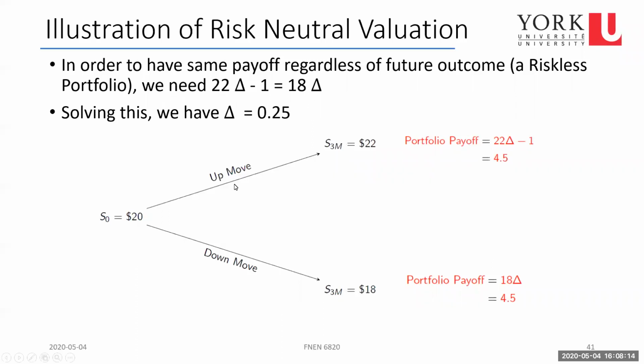If the market were to go up and the stock becomes $22, then 22 times 0.25 minus 1 gives you 4.5. Now, if the market were to go down and the stock becomes $18, then 18 times 0.25 is 4.5.